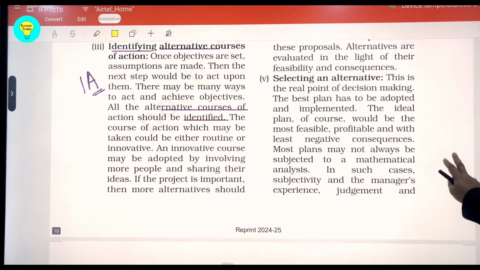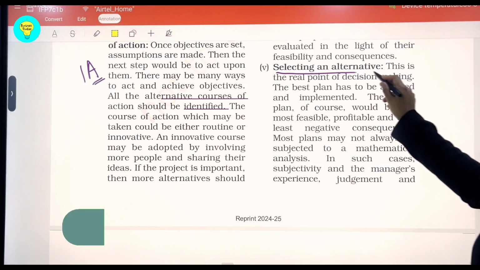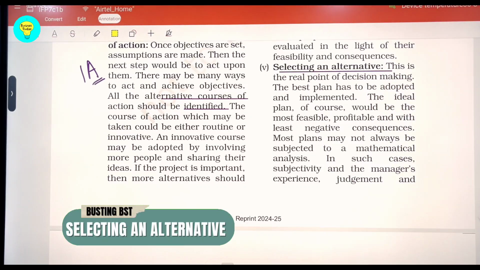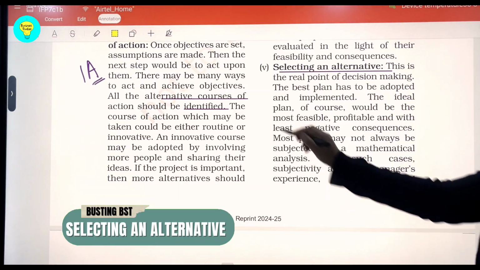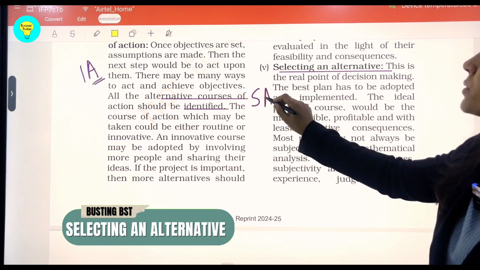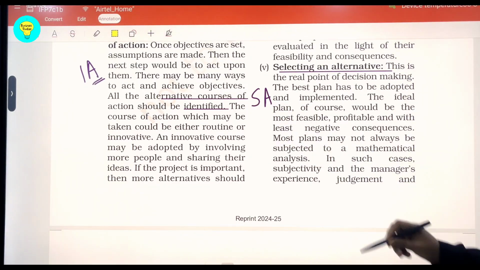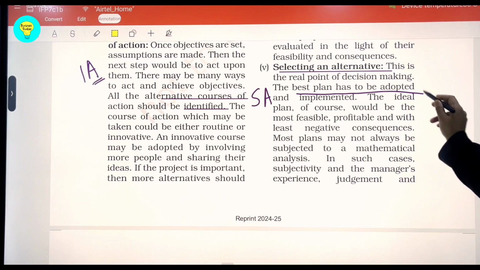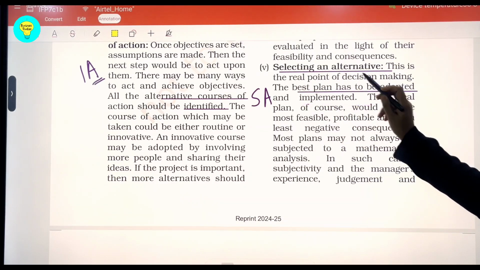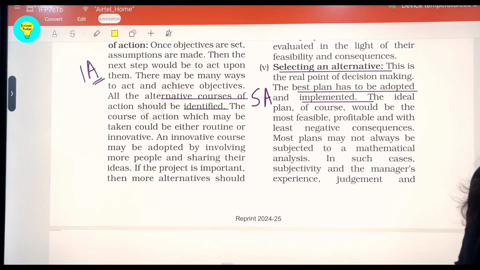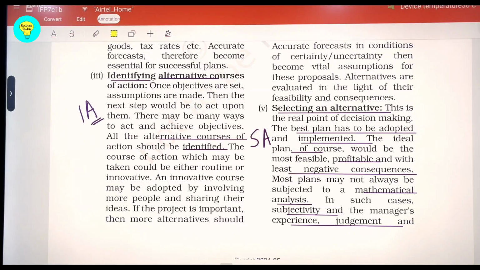And ultimately when we are completed with the evaluation process, we come to a decision and we select the most fruitful option that is available, and the best plan is adopted and implemented. So that is how SA, leading to selection of that alternative.